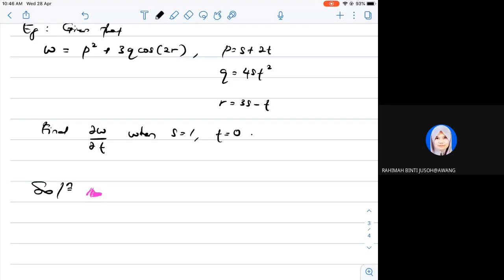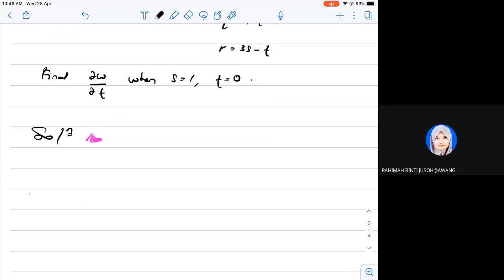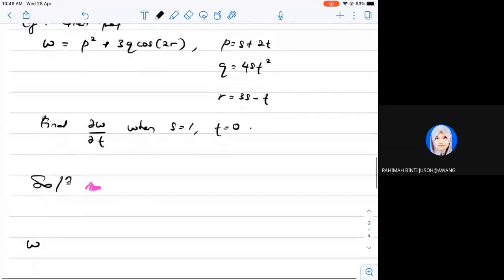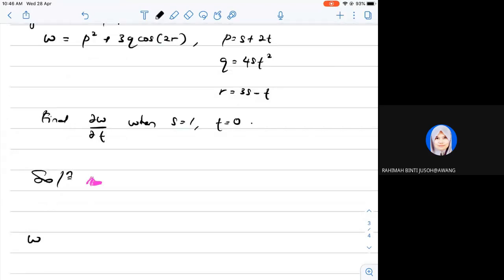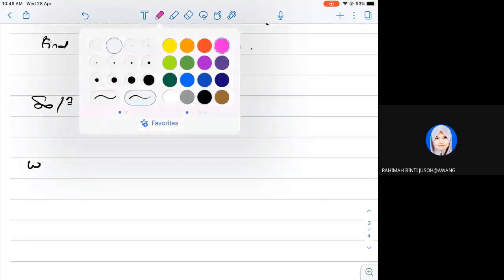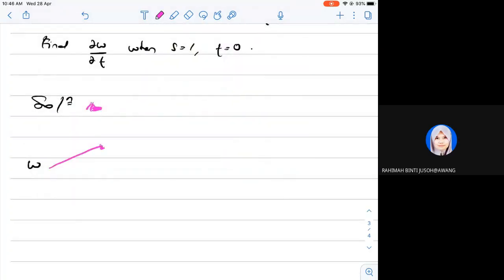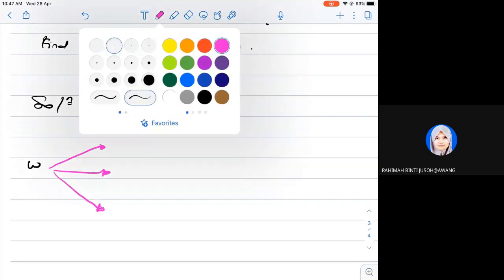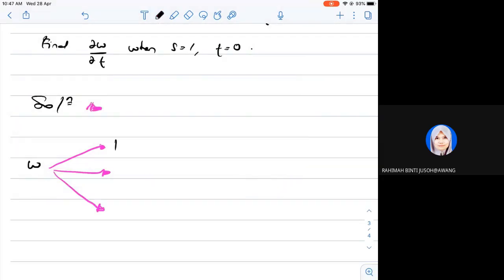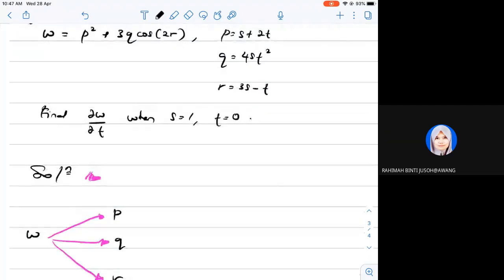W. W. Okay, good. Very good. So W. W is consists of how many variables? PQR. PQR, yes. So kita pecah 3. Alright. We have 3 branches here. Tadi soalan yang saya bagi awal exercise dalam buku 2 branches je, ni 3 branches. PQR.